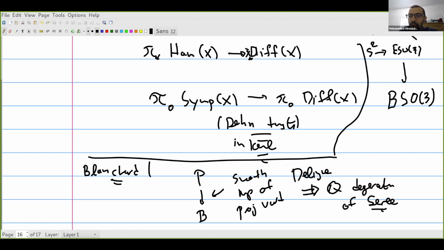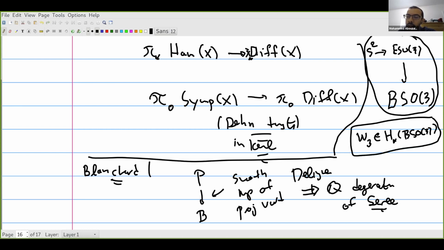So this spectral sequence does not degenerate integrally. It doesn't degenerate with Z mod 2 coefficients either. The reason is the presence of the element W3 in the cohomology of BSO3, which is basically the witness to the non-vanishing in this spectral sequence.